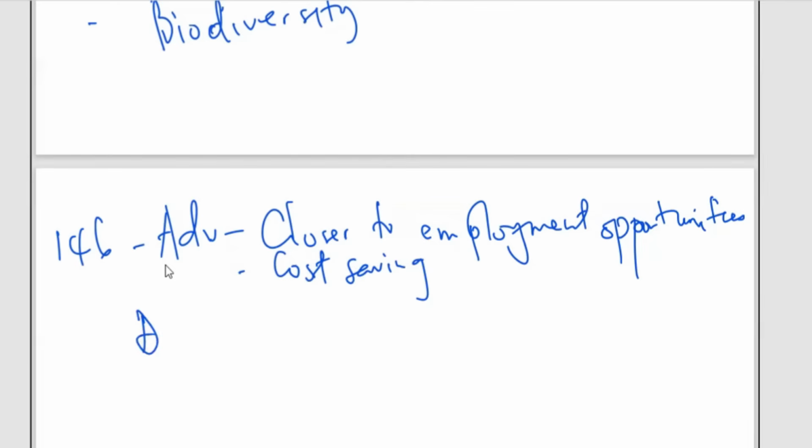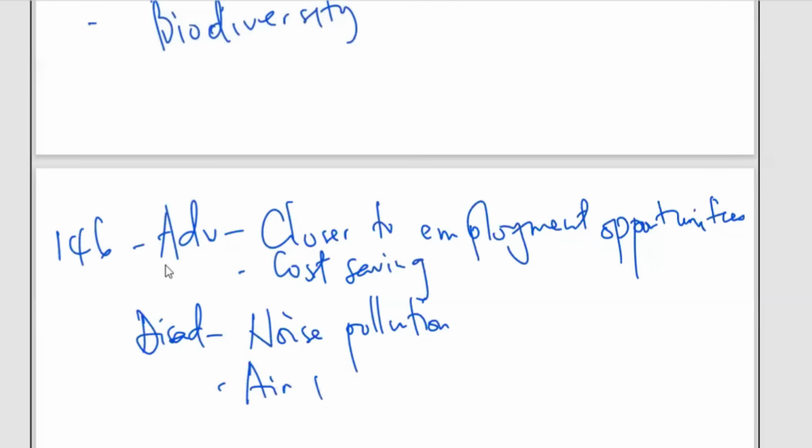Then a disadvantage. We talk of negative implications of having industries closer, like noise pollution. Remember, heavy industrial activities cause a lot of pollution. Like you can also talk of the dangers of air pollution in the area, it's a disadvantage.